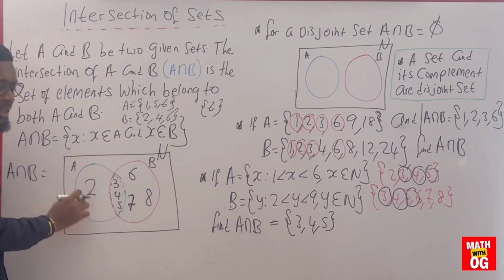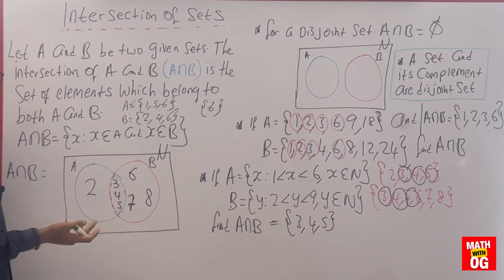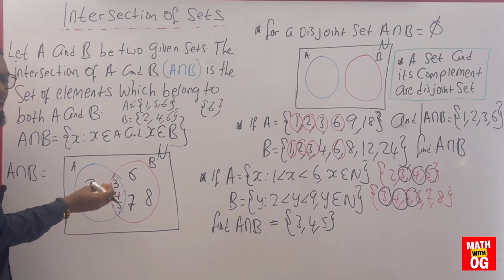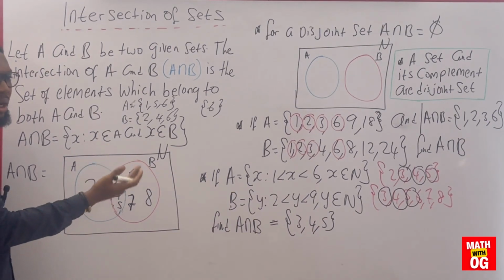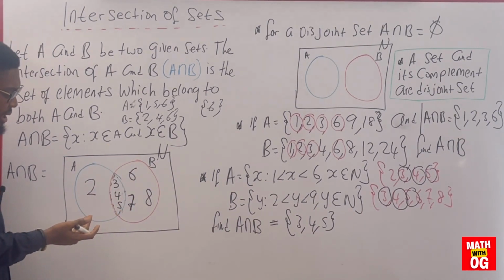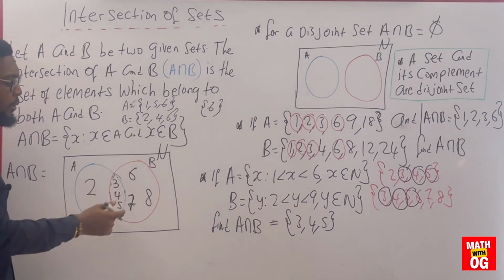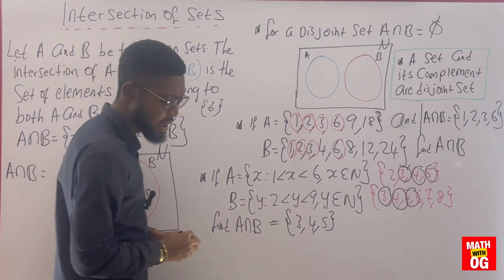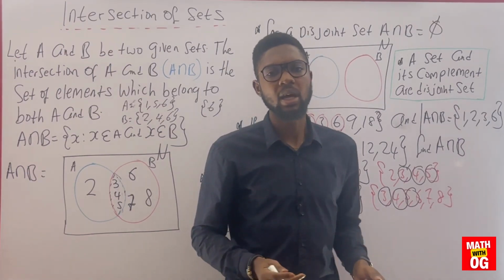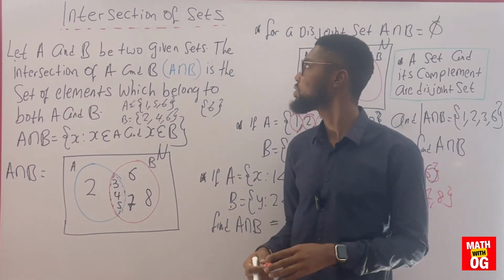That means it's neither in set A nor set B, but it's a member of the universal set. So that's how you present elements in a Venn diagram. We're still going to look at more scenarios where you see better ways or other ways to represent elements in your Venn diagram. So that's as much as you can take on intersection of sets.